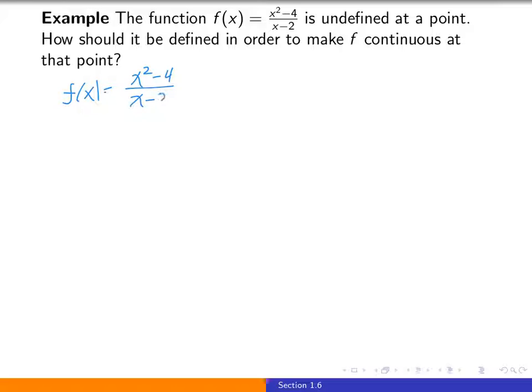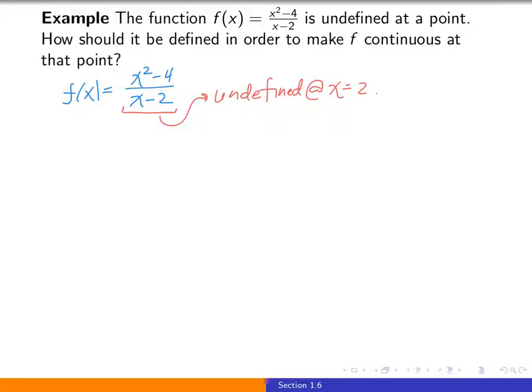It's a rational function, and it will be continuous everywhere that it is defined. And the only place we have an issue with it being defined is where that denominator is 0. So this is undefined at x equals 2.